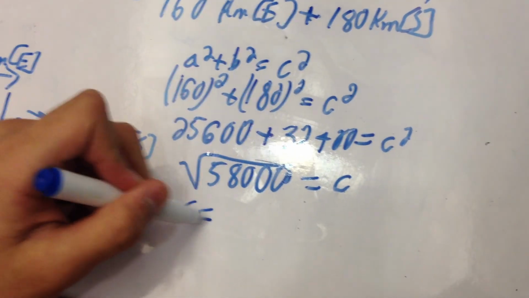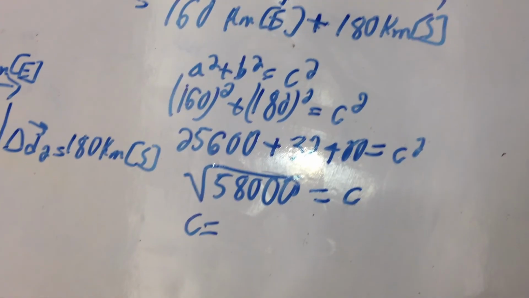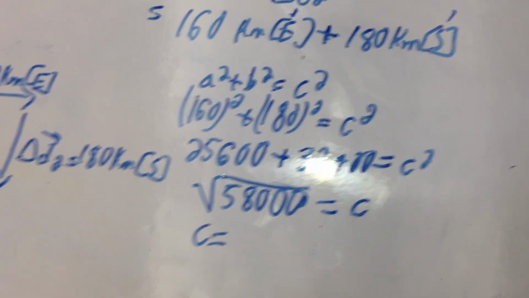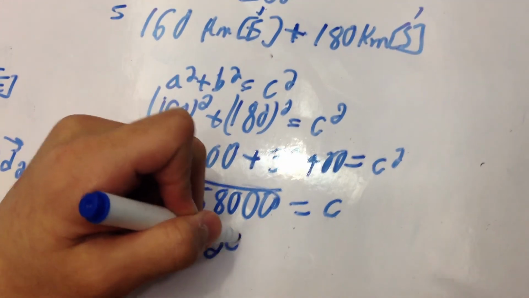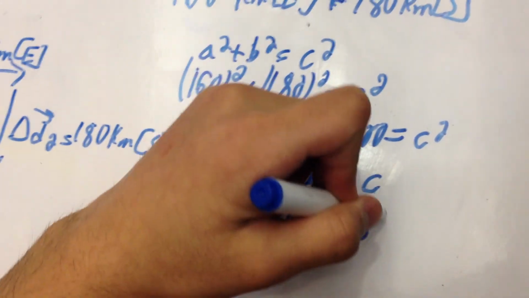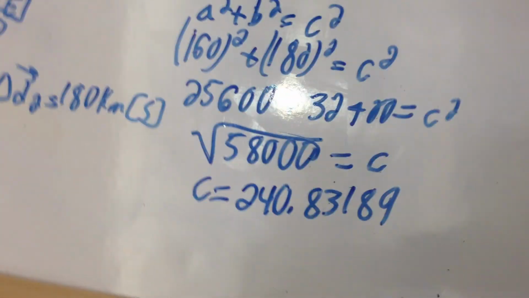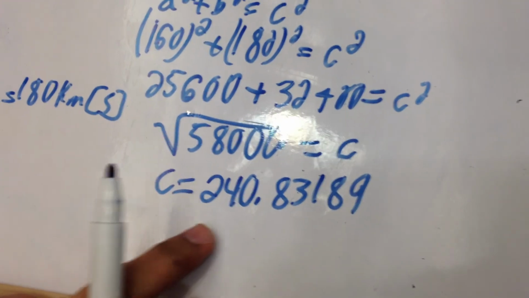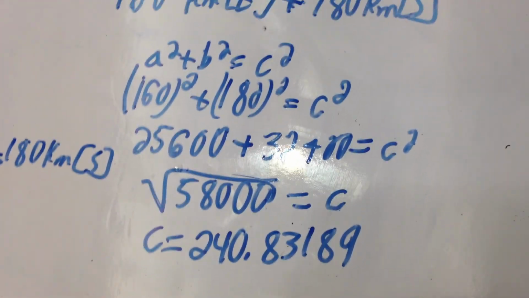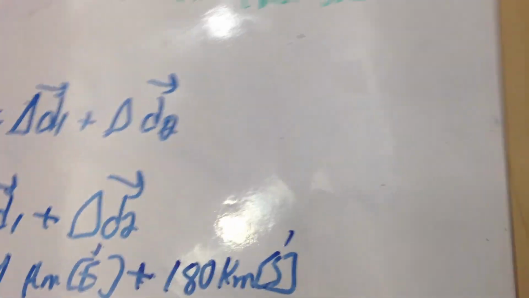When we calculate this, it gives me 240.83189. It's okay to keep the decimal places because later we're going to figure out the correct number of significant digits. Then we want to find the angle.